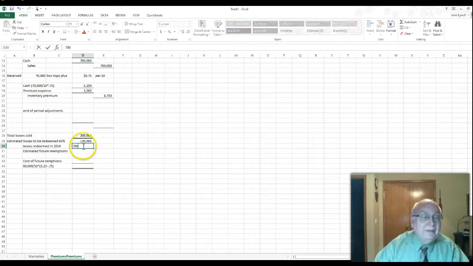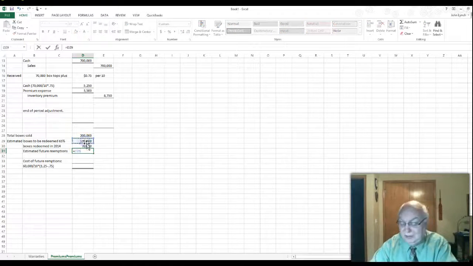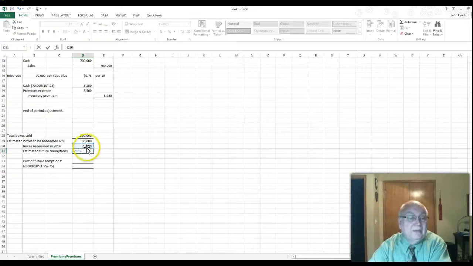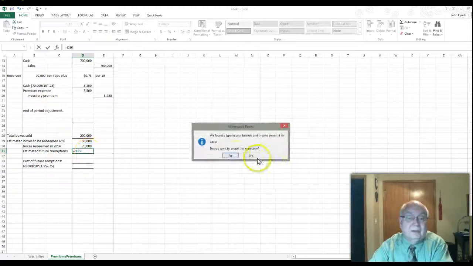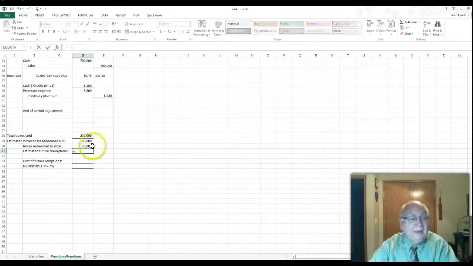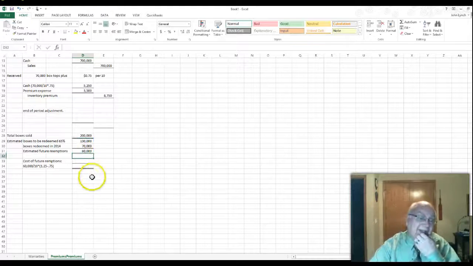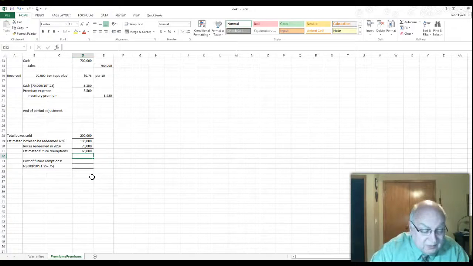You subtract off how many box tops have been redeemed already, and the difference is the future amount we think is going to be redeemed. So equal to 130,000 minus 70,000, so 60,000 box tops to be redeemed yet, which is what we would expect.